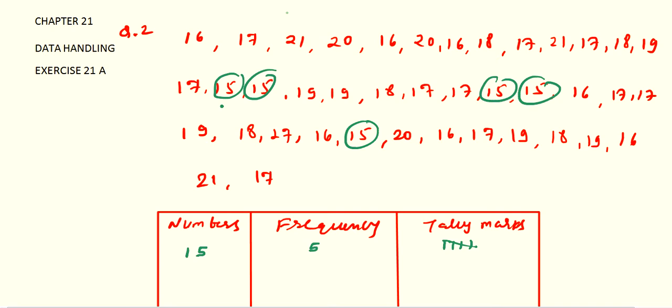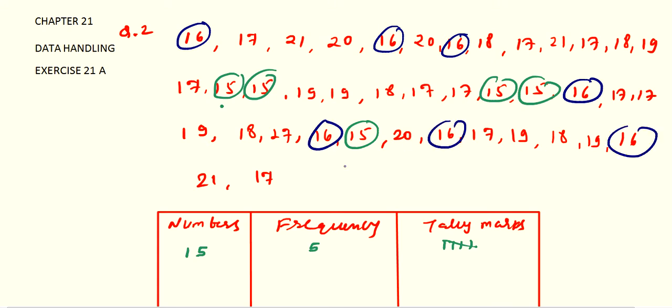So like this you have to solve question number 2. One more I am solving. Next number is 16, I think. So 1, 2, 3, 4, 5, 6, 7. 7 times we are having. So the number 16 is 7 times. Okay.